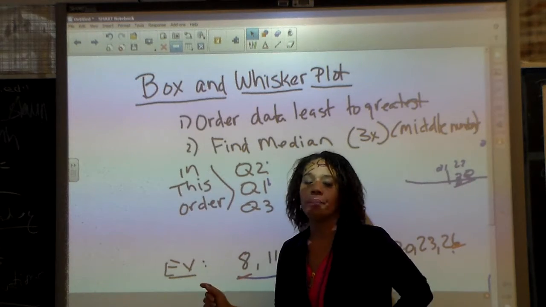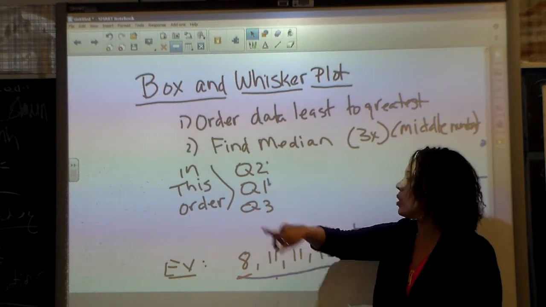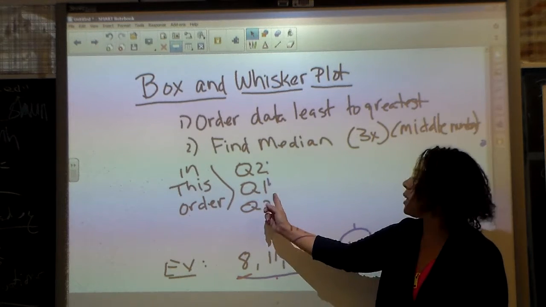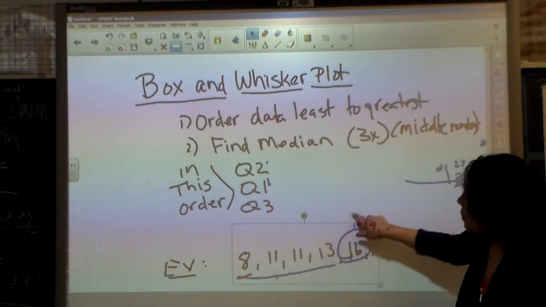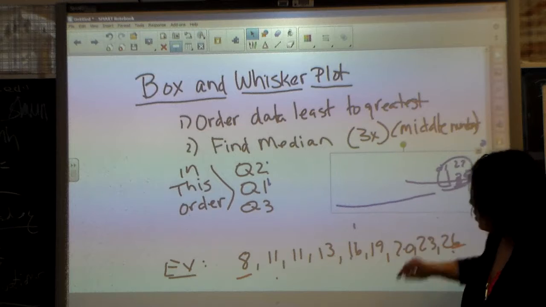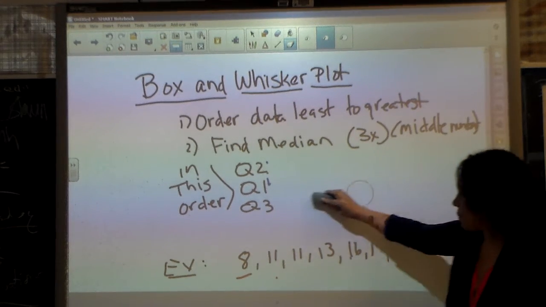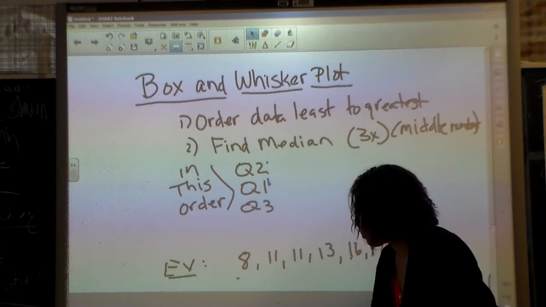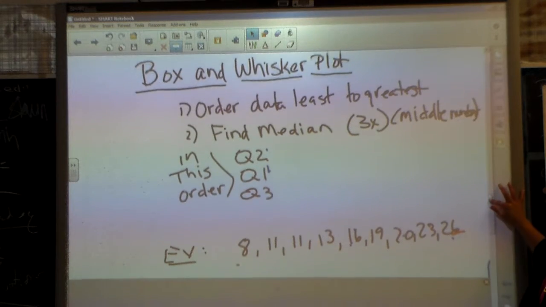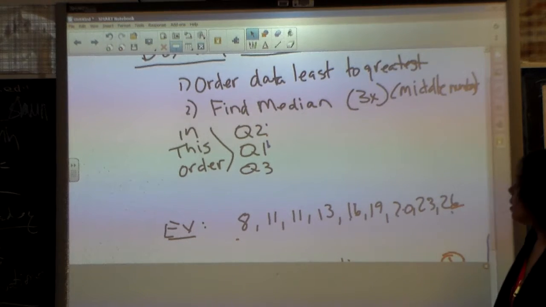So in this order, when you find that median 3 times, you're going to do Q2 first, then Q1, then Q3. Remember, the Q stands for quartile. So you want to do them in that order. I'm going to show you an example and what it looks like here.